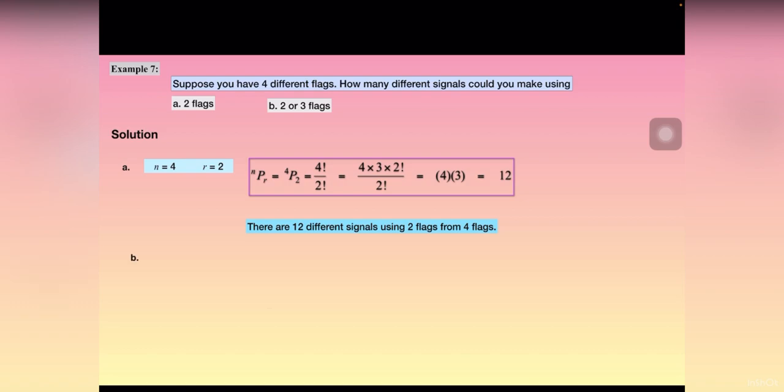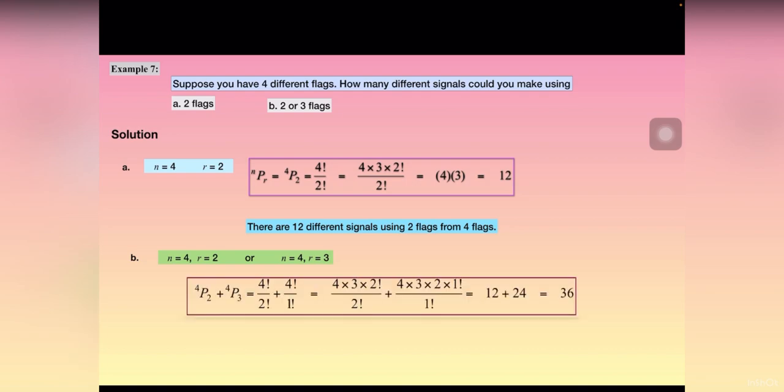B. 2 or 3 flags. So you have n equals 4 and r equals 2, or n equals 4 and r equals 3. Since it is "or" here, we have to put plus. 4P2 plus 4P3 equals 4 factorial over 2 factorial plus 4 factorial over 1 factorial.